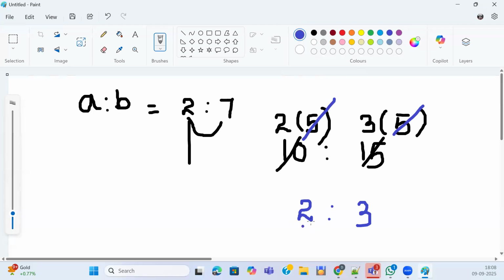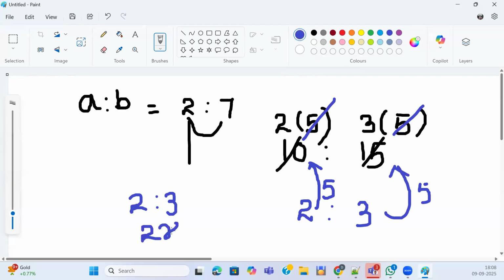Now tell me, if I multiply by 5, I will get the original number, right? Again you are getting the original number. So you will say 2 into 5 and 3 into 5. So what is your basic observation? Say somebody is given 2 is to 3. What is my original number? Usually in textbooks or in school, they will say let us assume the numbers are 2x and 3x.